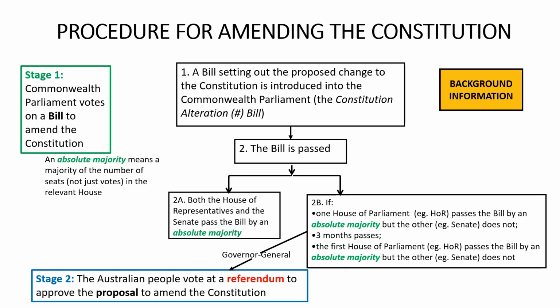As we'll soon see, the voting requirements for a referendum to be successful will generally not be satisfied if there is significant opposition to the proposed amendment to the Constitution.